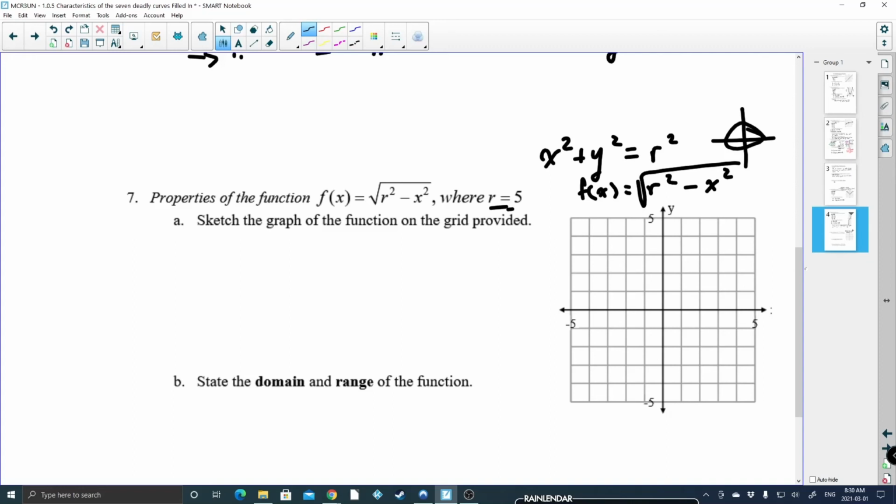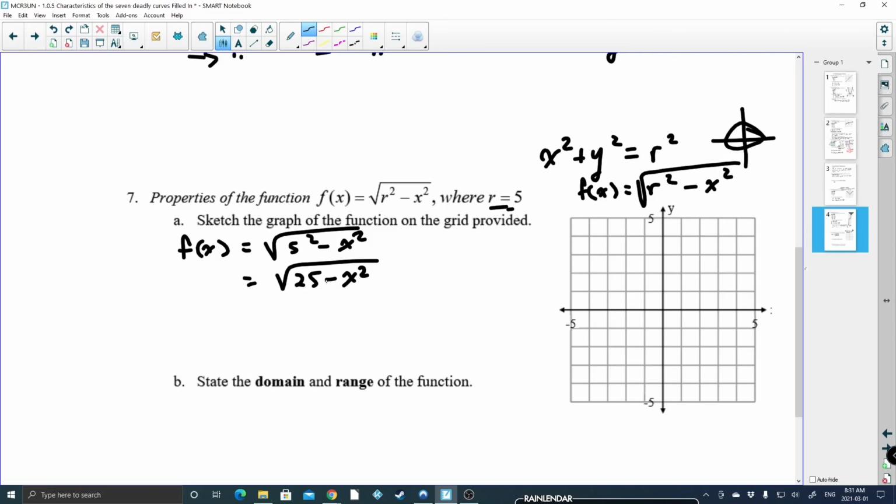And so if we put the r into the equation, you're going to have 5 squared minus x squared, and that is going to be the square root of 25 minus x squared, which you can't do anything with. This is the simplest form of this expression. Don't start thinking you can square root the 25 and the x squared. You can't do that because of the subtraction. So that's the simplest it can be.